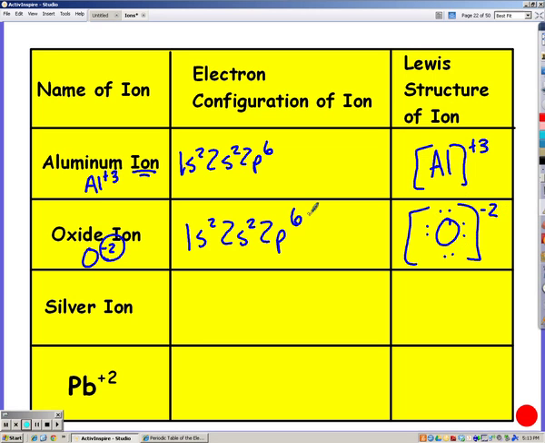Restart when you have silver done. So remember that silver was a +1.